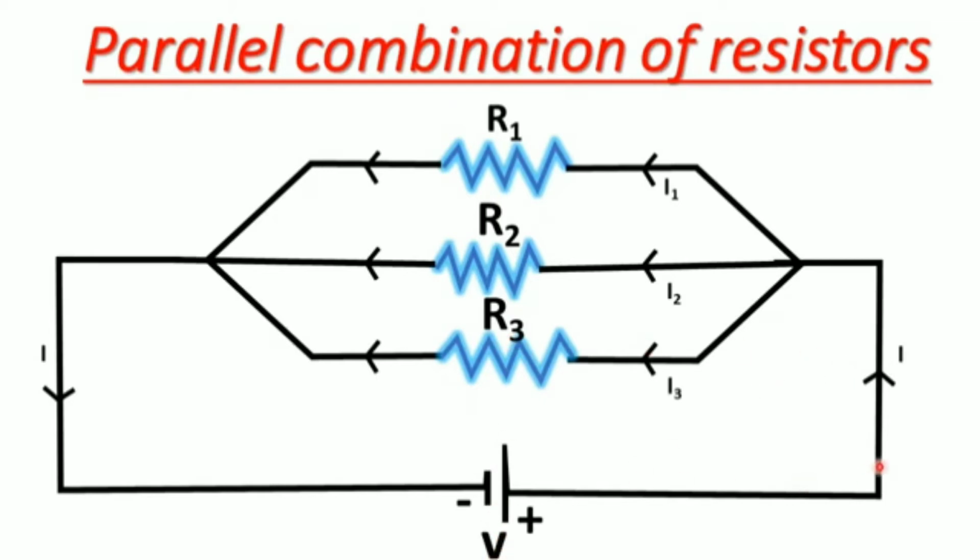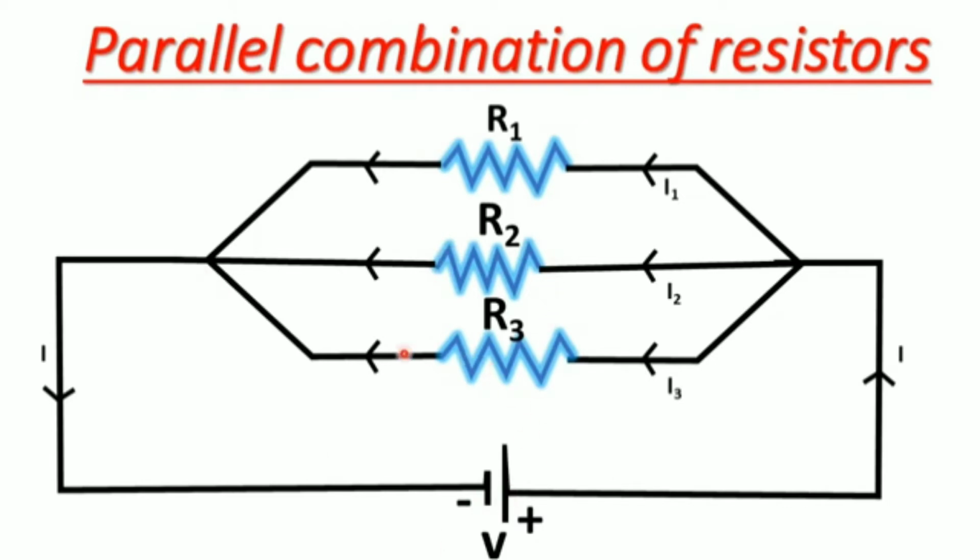I1 current is flowing through resistance R1, I2 through resistance R2, and I3 through resistance R3. You can see all the three resistors are connected individually with the terminals of this cell having terminal potential difference V. So across each resistor the potential difference will be V, that is the potential difference across the terminals of the cell.